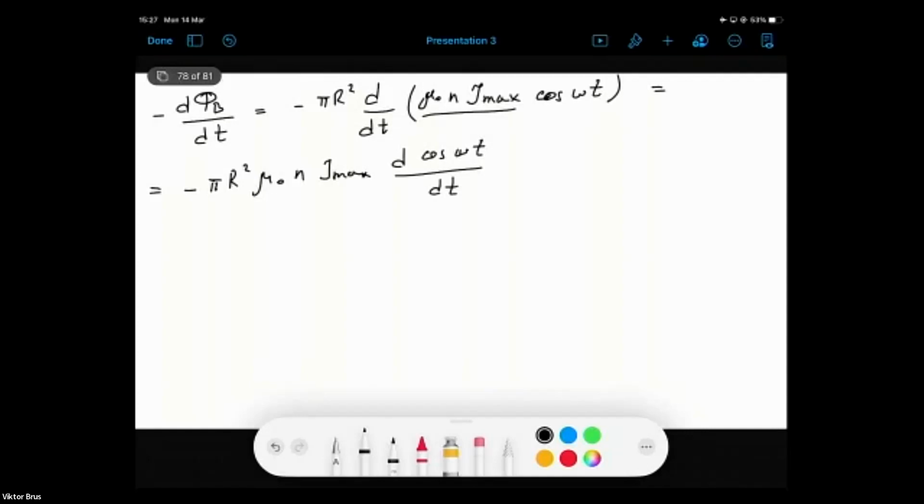The derivative of cosine omega t will be equal to omega times minus sine omega t.